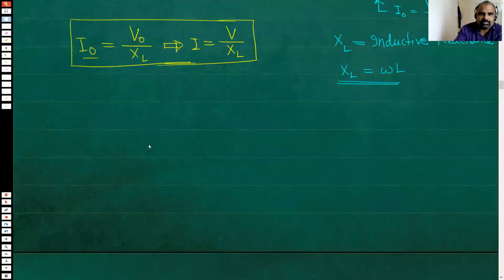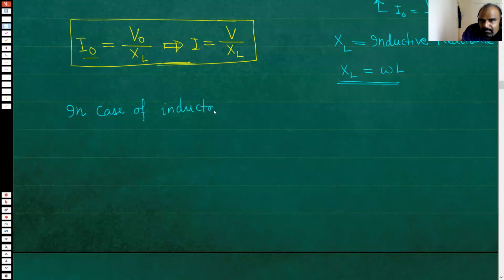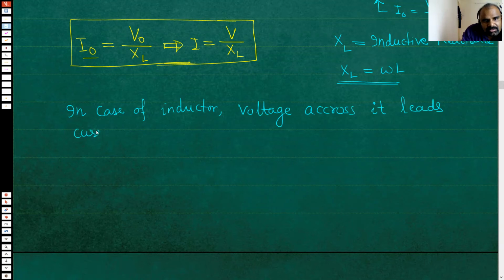Okay. Now, one thing we have to write is that in case of an inductor, voltage across the inductor leads current through it by pi by 2.